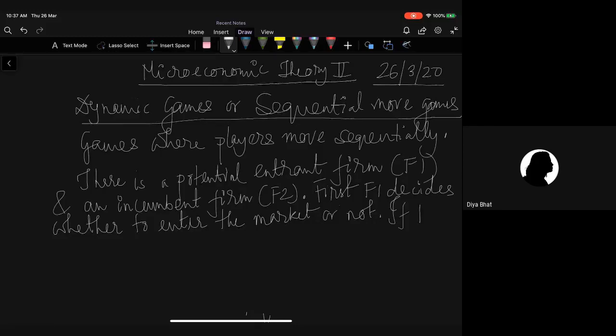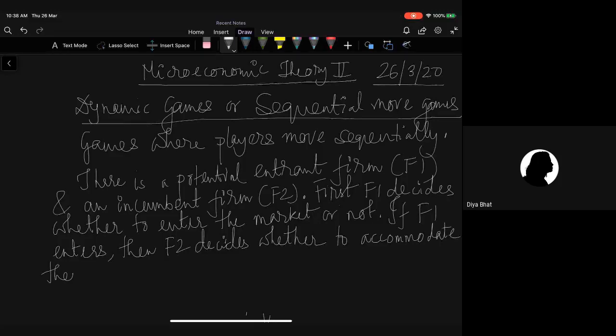If F1 decides to enter, then firm 2, the incumbent, the current monopolist, decides whether to accommodate the entrant or engage in a price war with that firm.